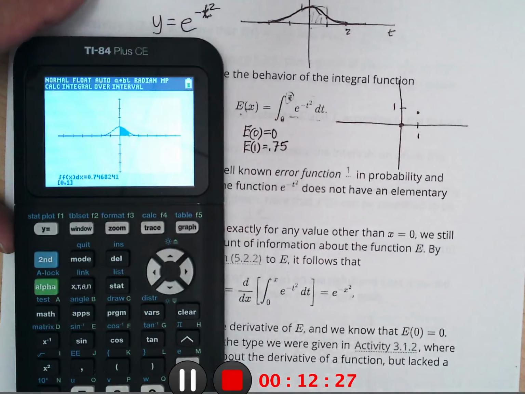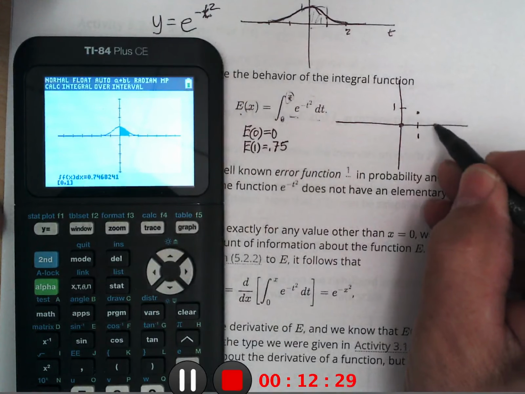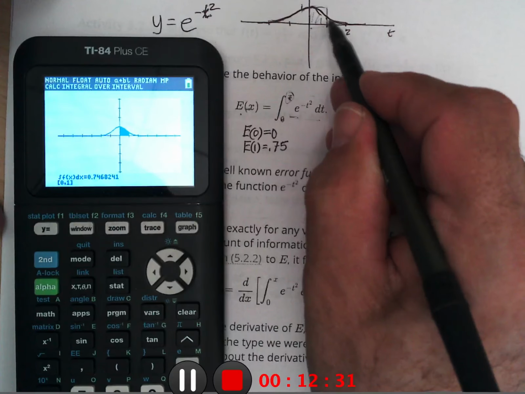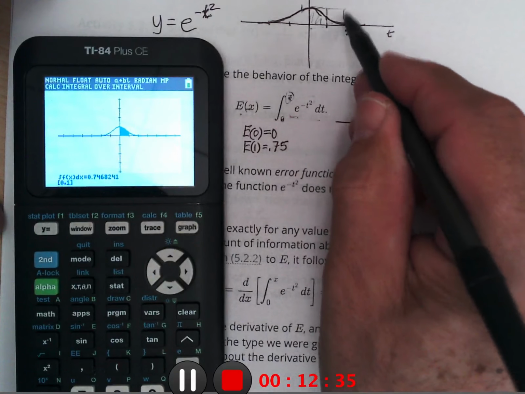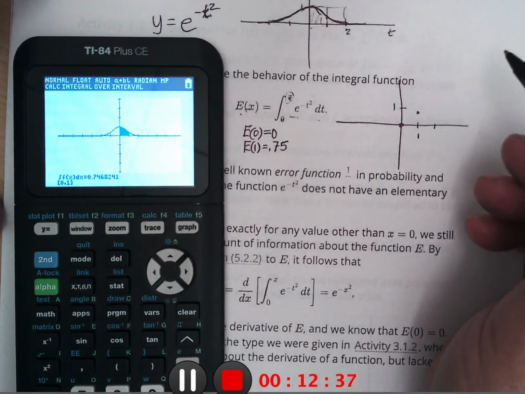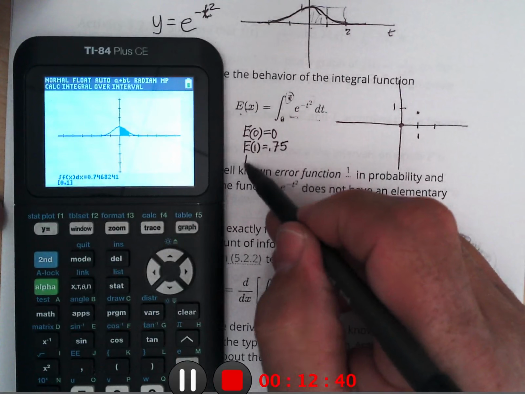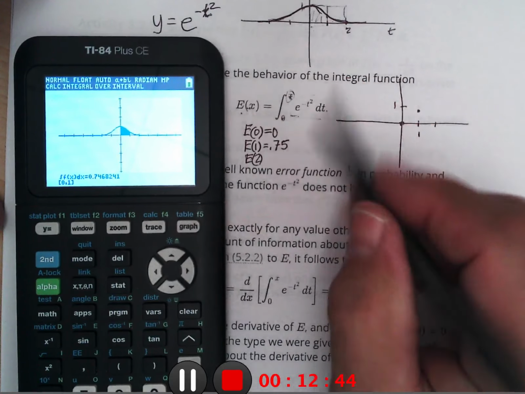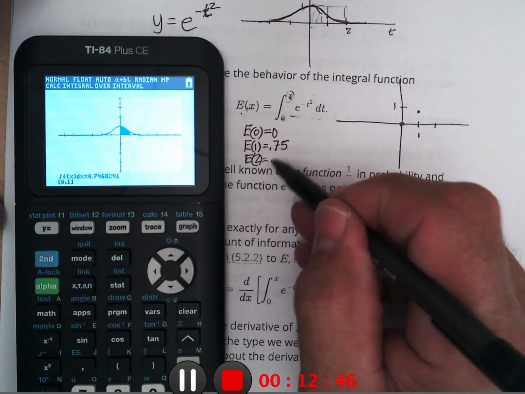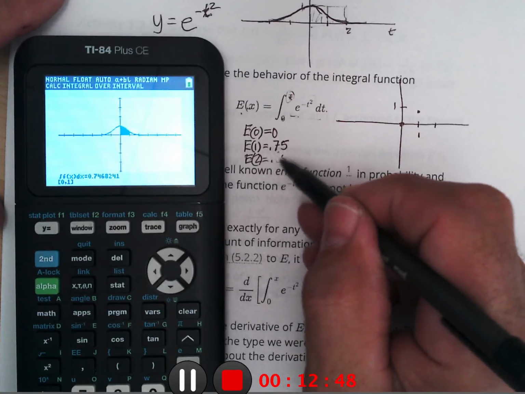Now let's get to 2. Well, we're adding a little bit more area. Let's see, that might be 0.1 or 0.2, so that would add to this. So E of 2, adding this to this, I might get like 0.85 or something. Let's find out what it is.